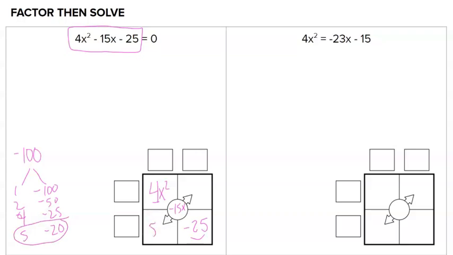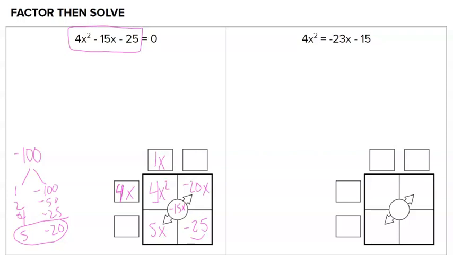So we have 5x, negative 20x, and now we figure out what our factors are. So 4 and negative 20 have the common factor of 4. x squared and x, they both have an x, we take out that x. 4x times what makes 4x squared, so that'd be 1x.